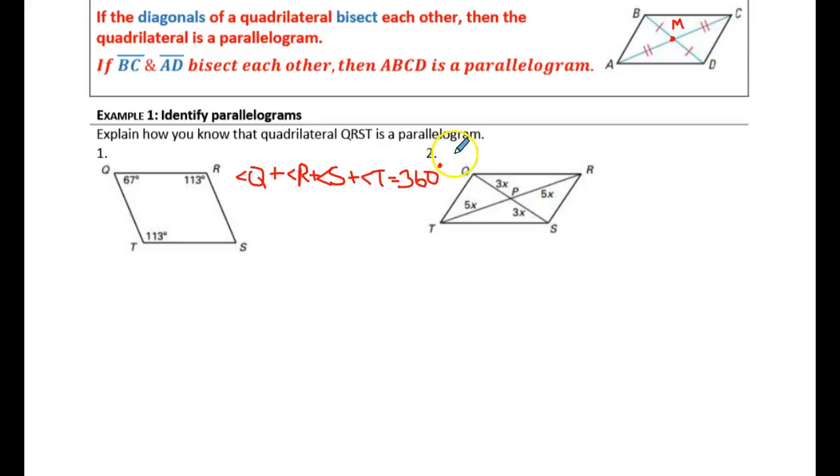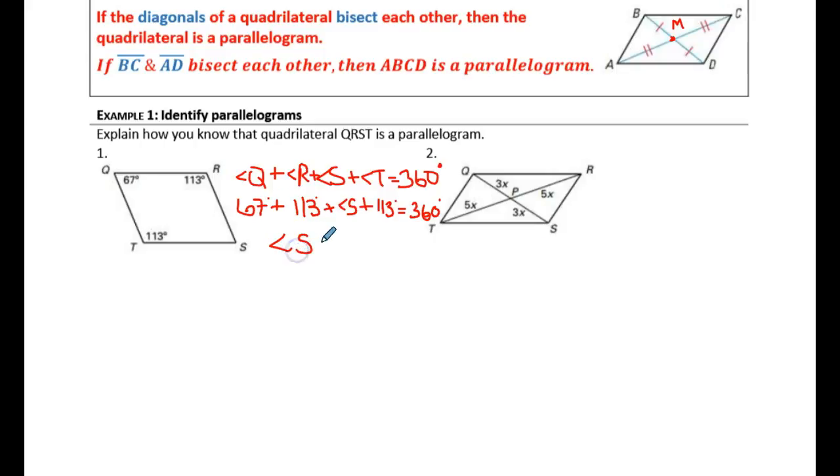So because they should equal 360 degrees, I can substitute what I know to solve for S. So Q is 67, R is 113. I'm not really sure what S is yet, so I'm going to just put S. You could also put a variable. And angle T is 113. And all of them added together equal 360.